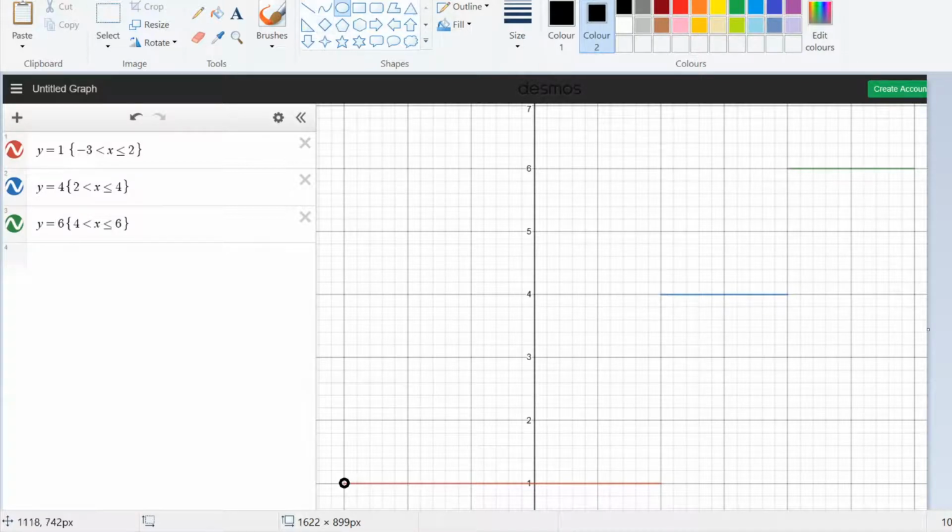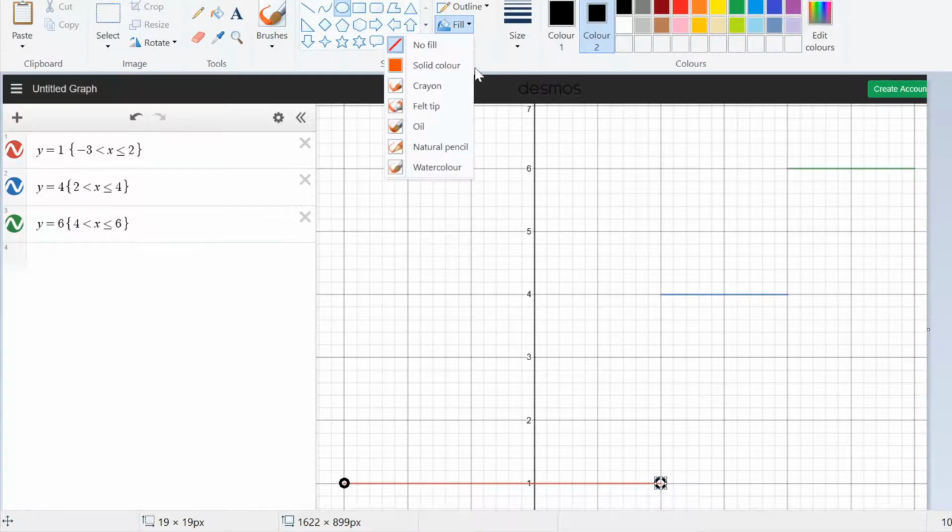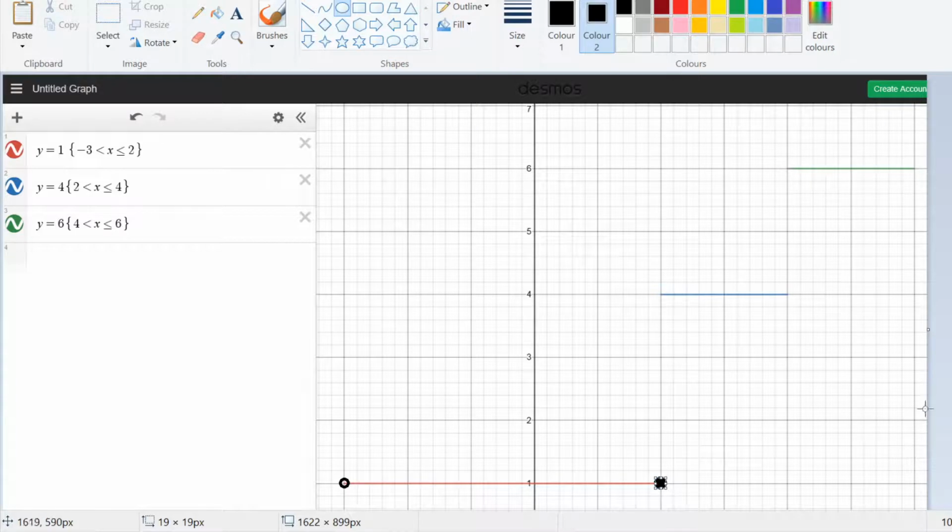Now, going along to our next one here, it goes up to, and it can this time be equal to 2. So again, my circles may not be the same size, but I'll try my best. To distinguish between our greater than and our greater than or equal to, all we simply do is fill it in.